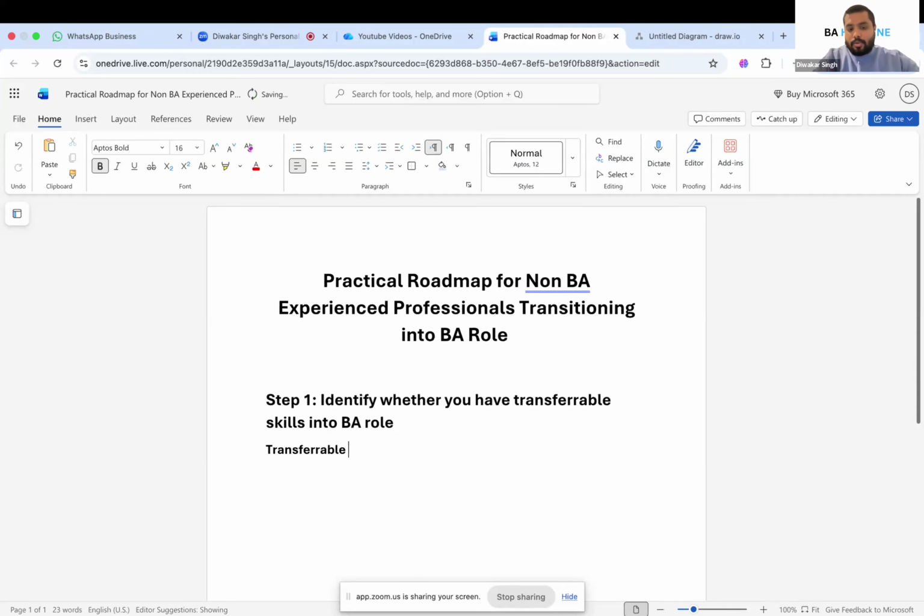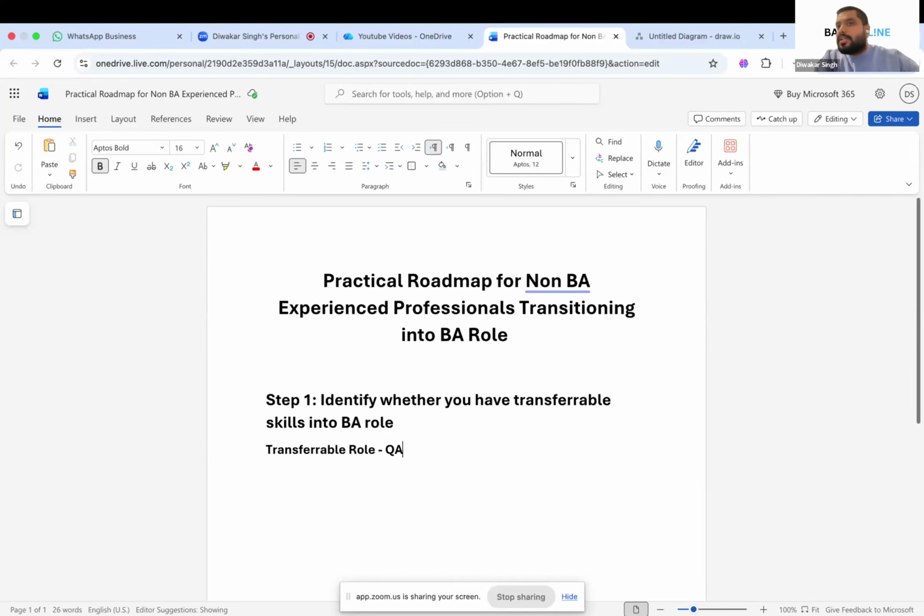So, what are the transferable roles? According to me, if you are into QA, meaning a testing role, then this is a transferable role.